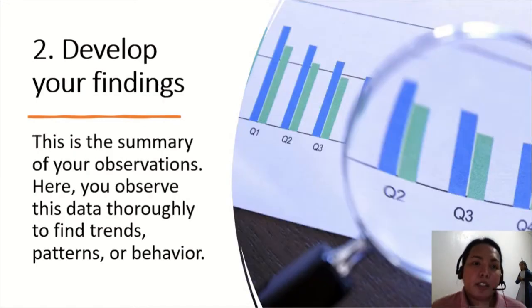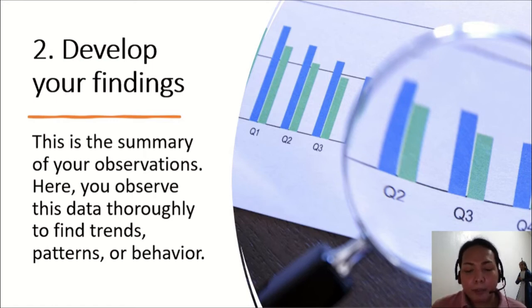The second step would be to develop your findings. This is the summary of your observations. Here you observe this data thoroughly to find trends, patterns, or behavior. If you are researching about a group of people through a sample population, this is where you analyze behavioral patterns.